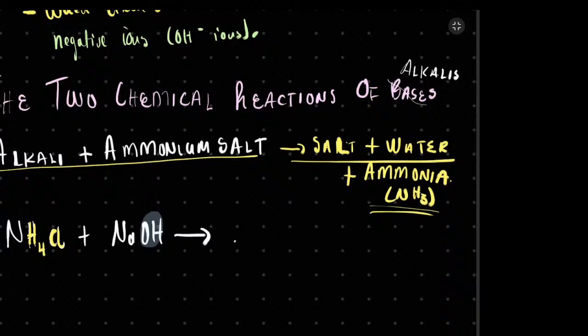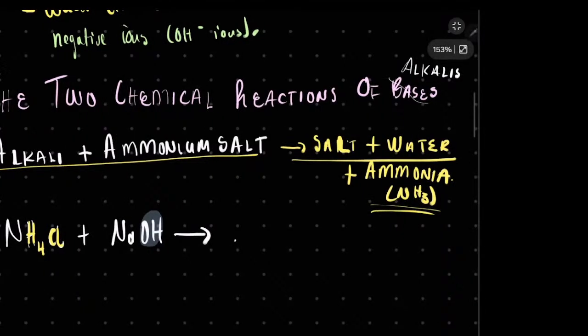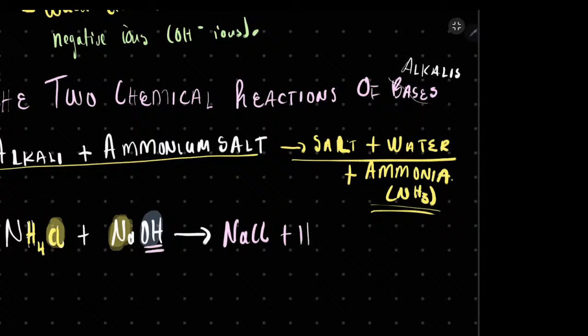But this Na will meet with this chlorine, metal and non-metal, we know how they like each other, and you're going to have your NaCl. Then you have OH, you get one H here, and it will be H2O. NH4 gave away one H to OH to make H2O, so it will now remain as NH3. You understand?